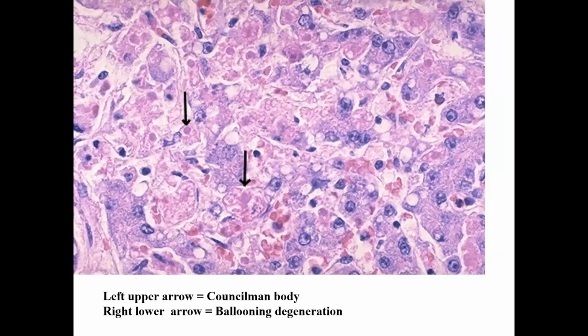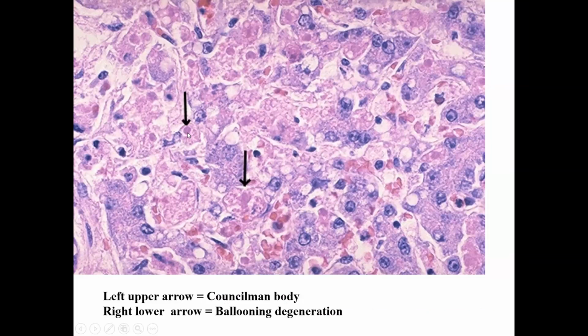Here's another example of a section taken from a hepatitis B patient, and you will see that some of those liver cells, as a result of the viral infection, will go ahead and undergo apoptosis, resulting in what is known as Councilman bodies. So what's the Councilman body?